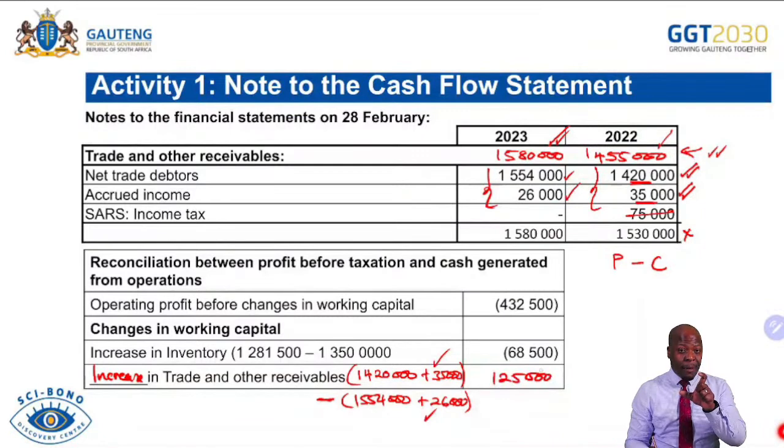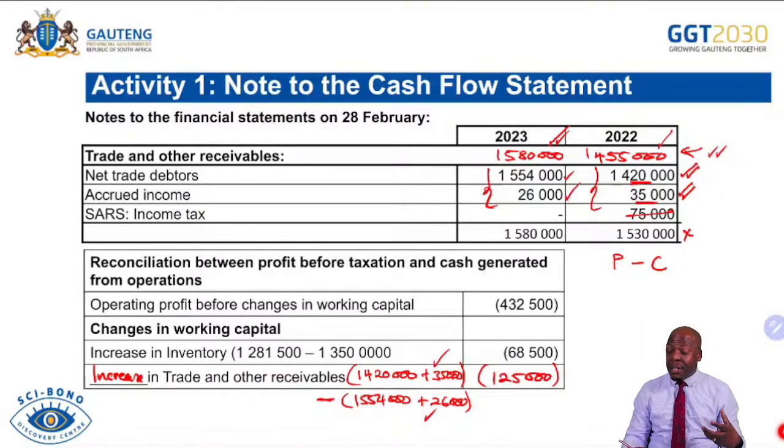I want you to tell me, is it a positive or a negative? On your calculator, there should be a minus sign in front of the figure. Do you see that minus sign? That means it's a cash outflow. Once you see that minus sign in your figure, that means it's a cash outflow.